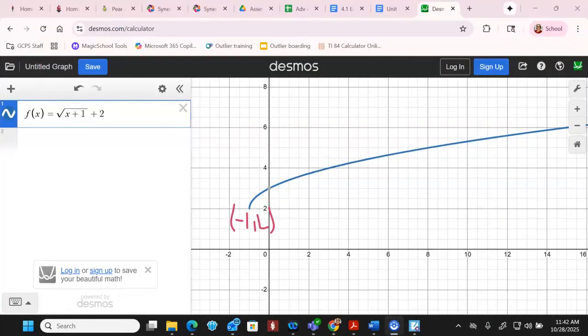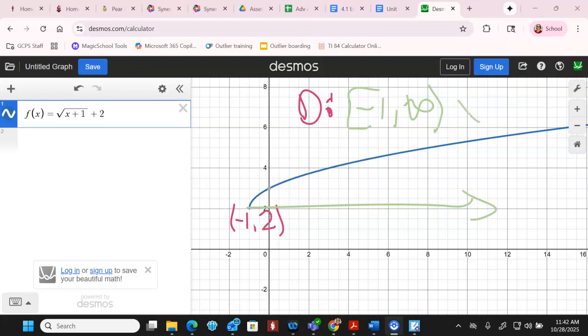All right. So again, what does that mean for me? That means x is -1. So domain, I'm going from -1 to the right. So -1 to infinity. Or all the x's that are greater or equal to -1, okay?